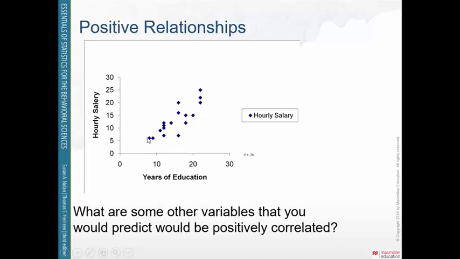That's way below minimum wage, but nonetheless, it's our made-up data. And then over here, when we've got people who are above 20 years of education, right, they've gone on to high school, college, graduate school, they're making $25 an hour, more money. Okay? And so that is a positive relationship.